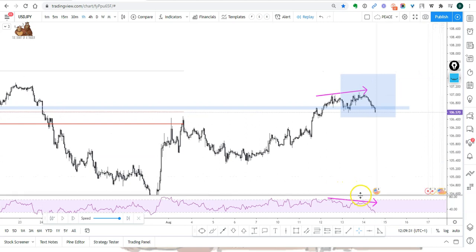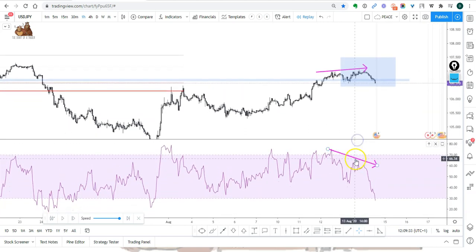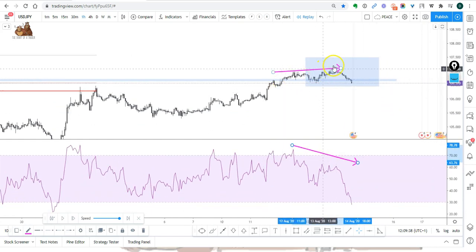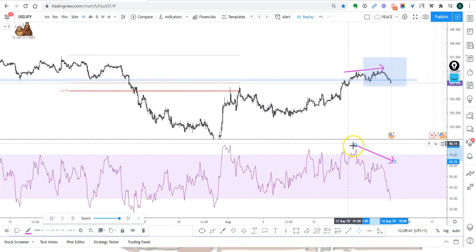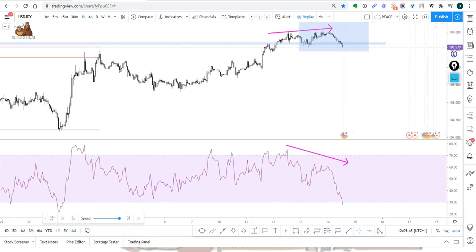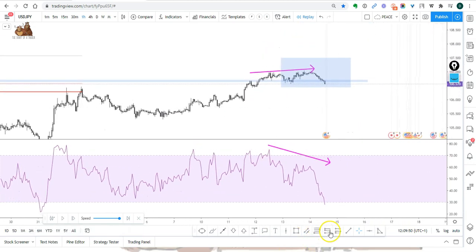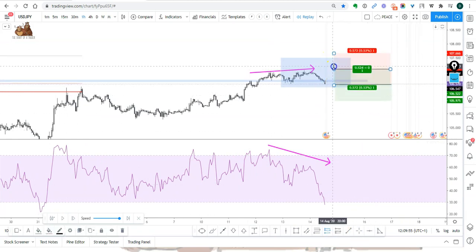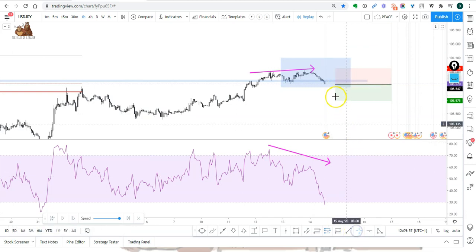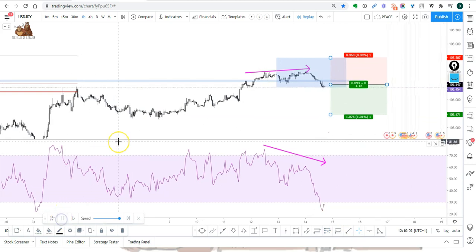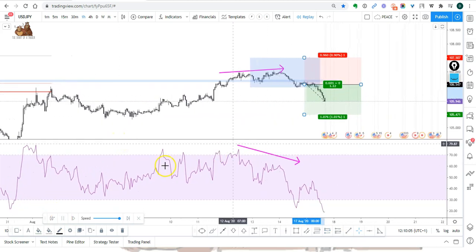And then lastly, we look at the RSI and we can see that there is a divergence. Very clearly, the market is going higher, but the RSI is indicating lower lows, and therefore we can here look to place a trade short. And trade it down. And then we see what happens.